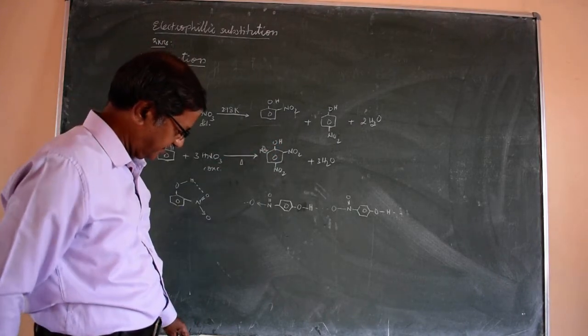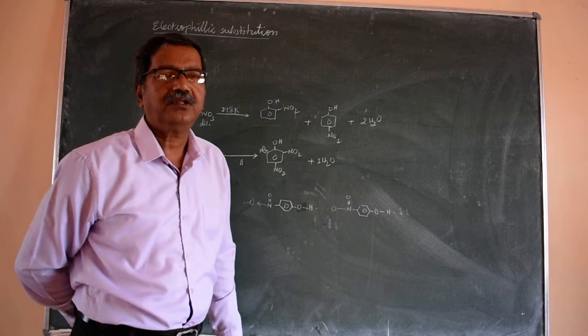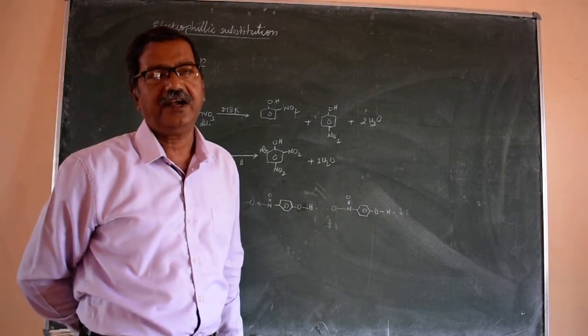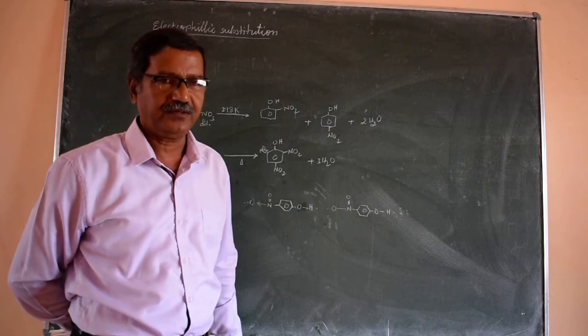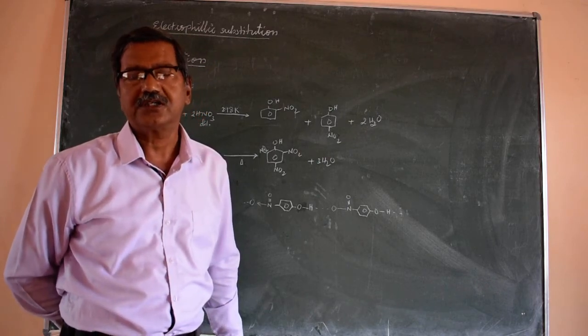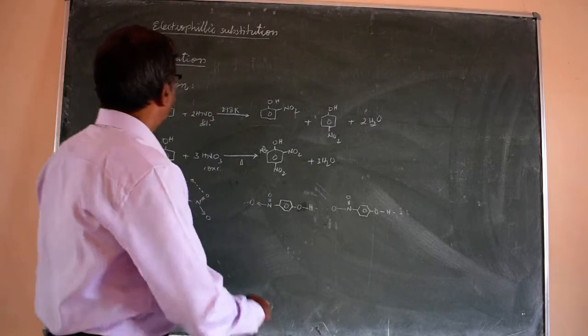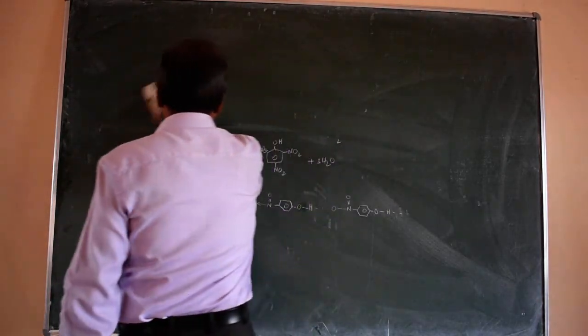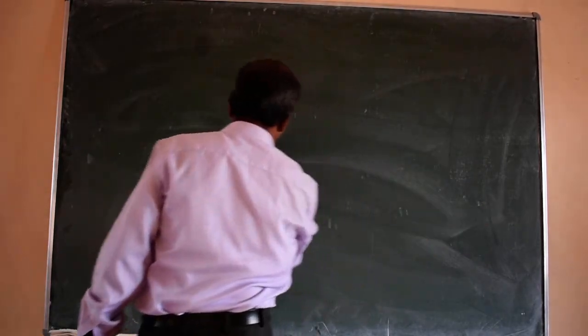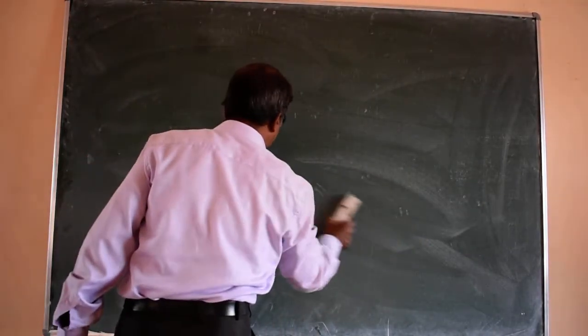Well, after this, we have to study the Reimer-Tiemann reaction and Kolbe reaction, then how to remove the phenolic group, and also what is the oxidation product of phenol. Now it is the Reimer-Tiemann reaction. This reaction is important from the point of view of examination. All these are important.